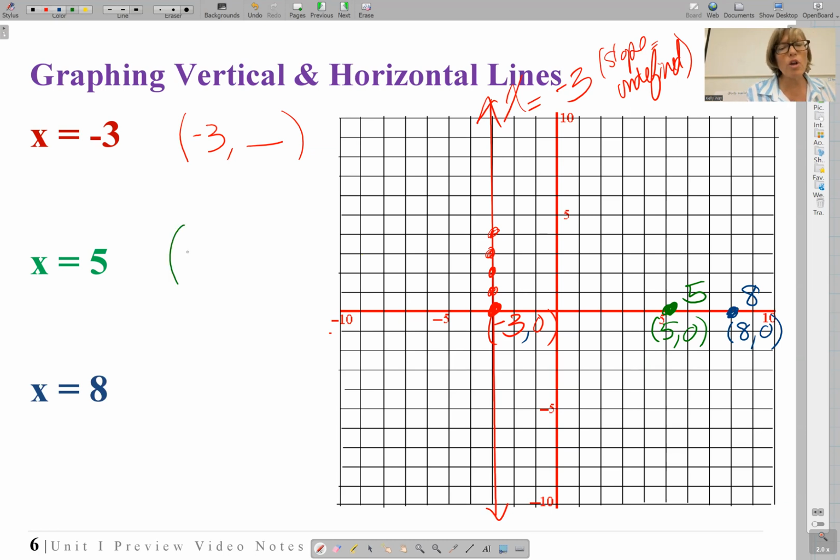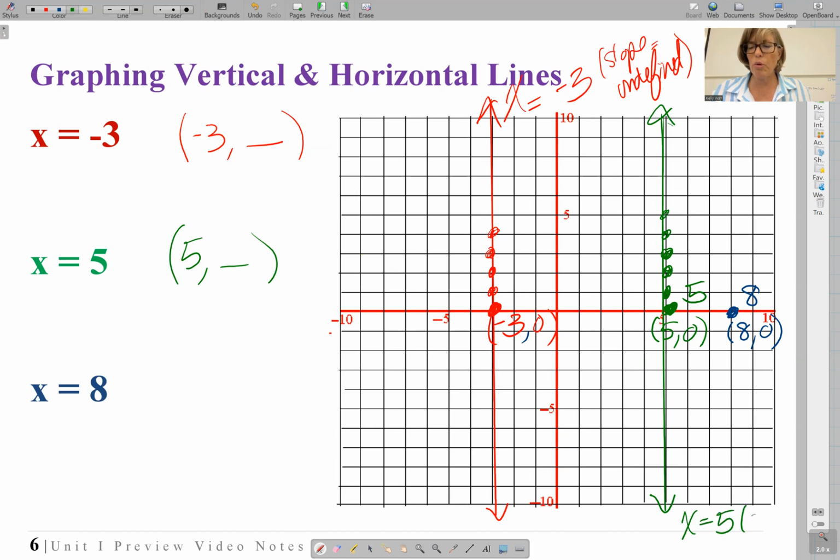x equals 5 is all the points where x is 5. So (5, 0), (5, 1), (5, 2), (5, 3), (5, 4), (5, 5). Straight edge. This is x equals 5. Again, the slope is undefined. Last one, x equals 8.